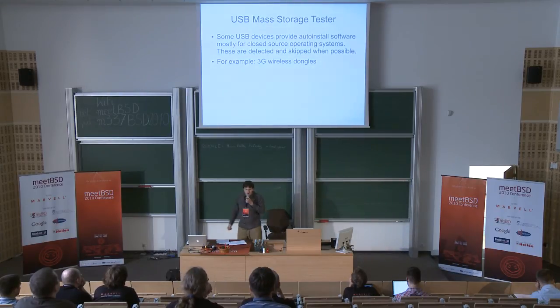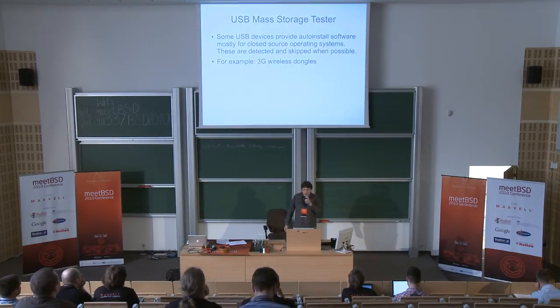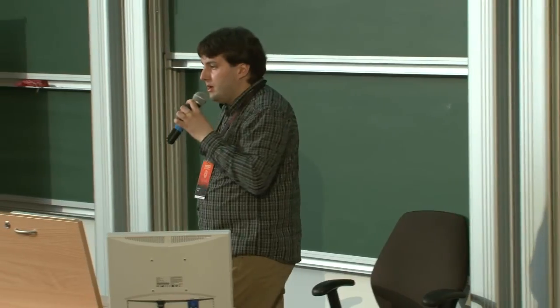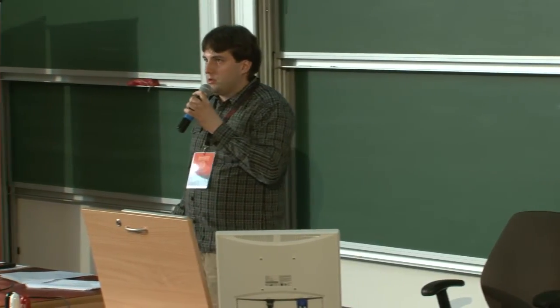So I've added some automagic code to figure out if a USB gadget is in this mode, and then just eject this medium or try another configuration which is supported. A good example of this is 3G dongles.